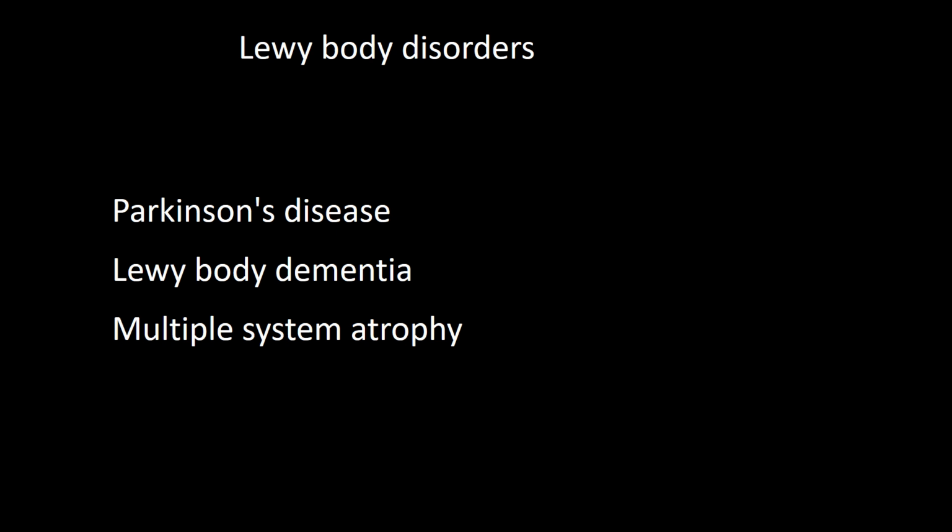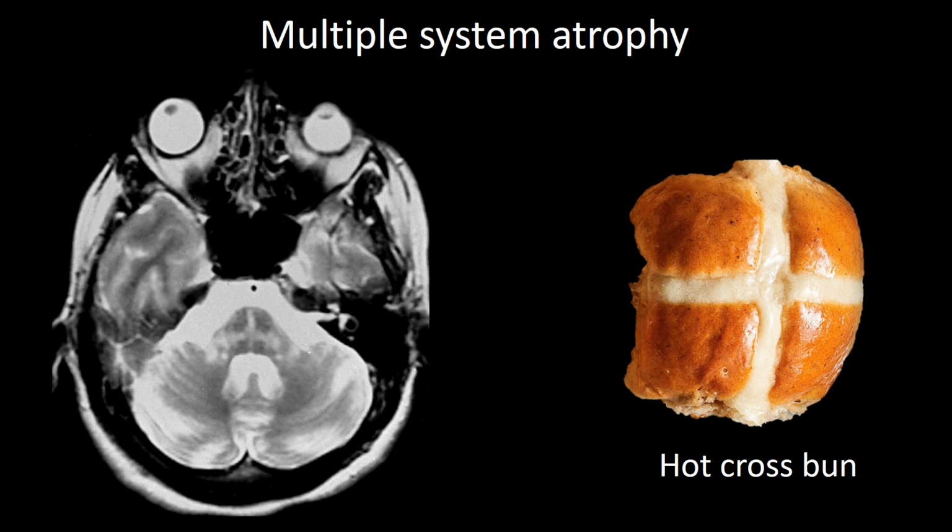There, I had no time to show you a peculiar MRI finding that at times is found in patients with multiple system atrophy, so I will do so now. This peculiar finding is called the hot cross bun sign. It consists of a cross-shaped T2 hyperintensity within the pons, representing selective degeneration of pontocerebellar tracts.